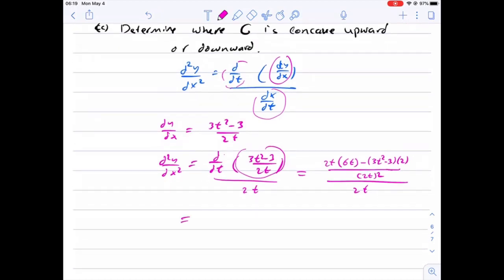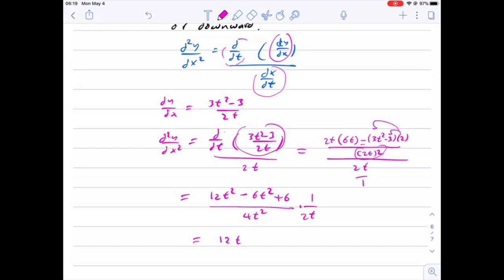Now we simplify more, so we get 2t times 6t is 12t squared, minus 2 times 3t squared is 6t squared, 2 times negative 3 with the negative sign here is positive 6, over 4t squared, and then we flip the denominator, it becomes 1 over 2t.